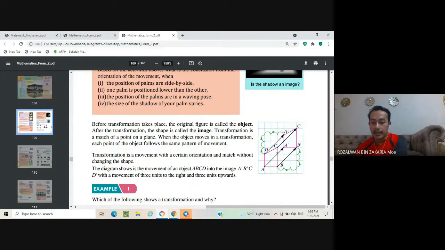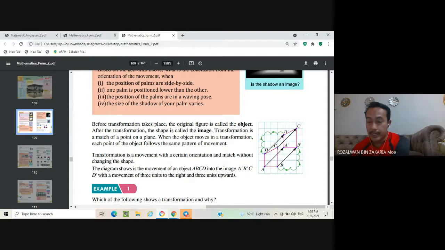Same here, if you look at the point C, how from the point C, the object, it goes to the point C prime. C prime is the image. So look at the movement. The movement is 3 units to the right and 3 units upward. You can start either upward first or left to right first.